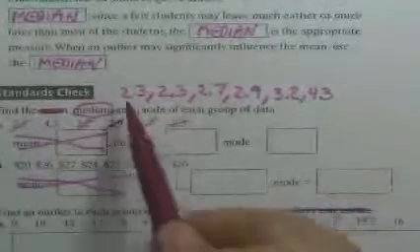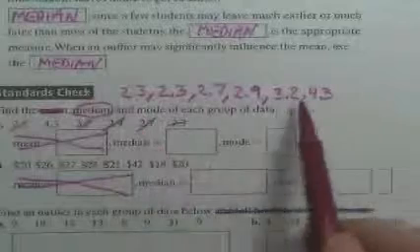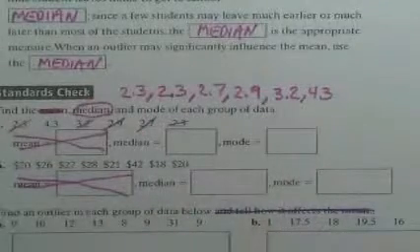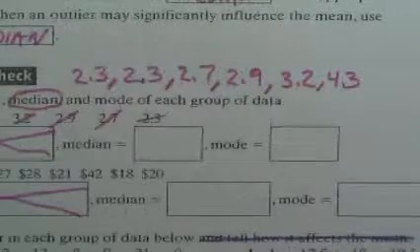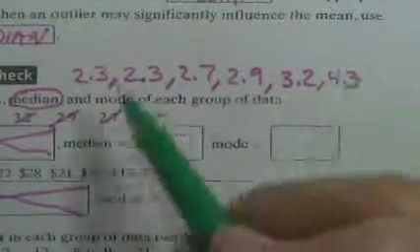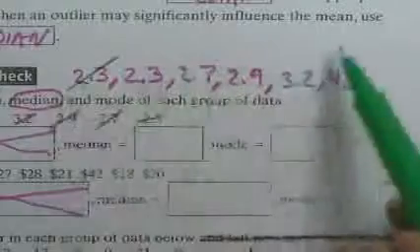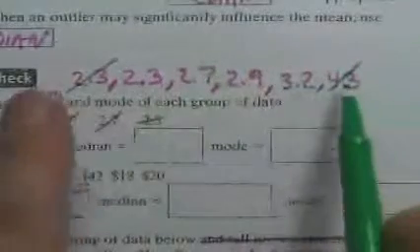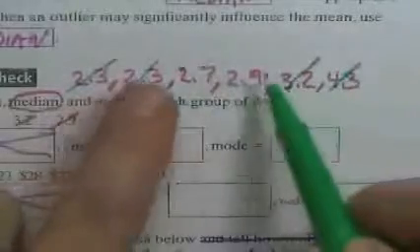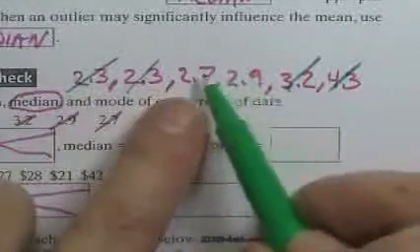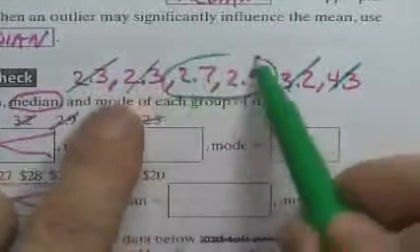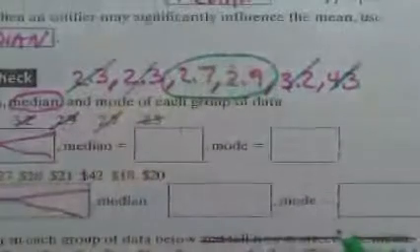Okay, so you have those numbers right there. We want to find the middle number. What you can do is cross them off from one end to the other. I'll cross off this one and this one, working towards the center. I'll cross off this one and this one. And now I come to 2.7 and 2.9.